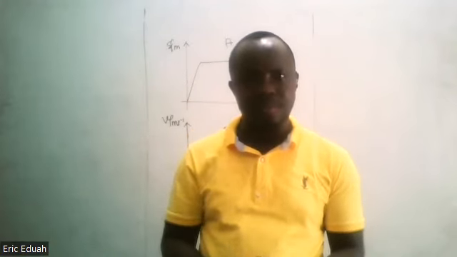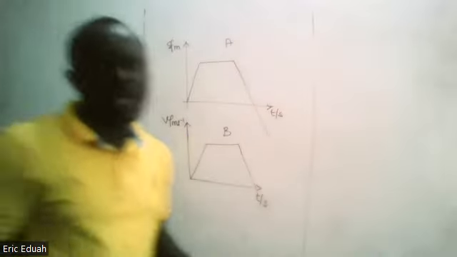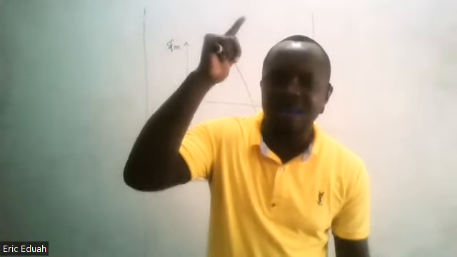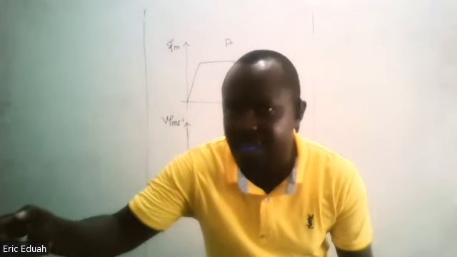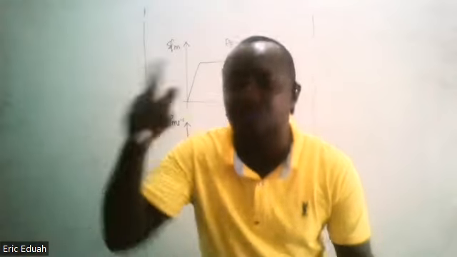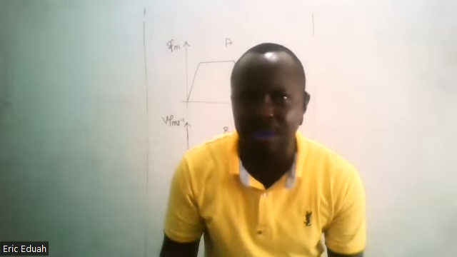You see, because the slope of a displacement time graph is equal to the velocity or the speed.